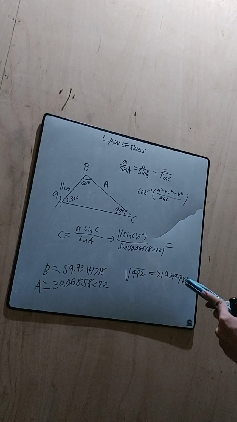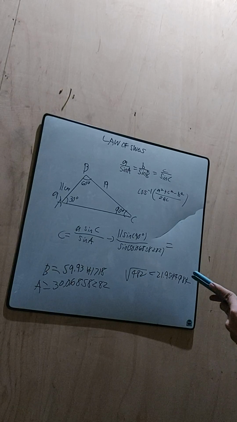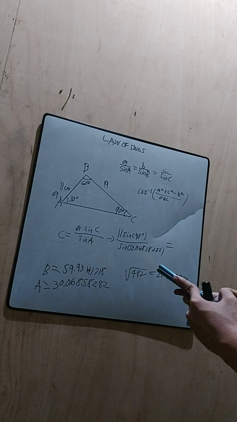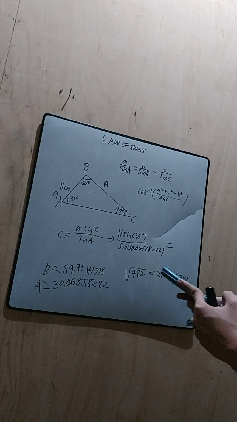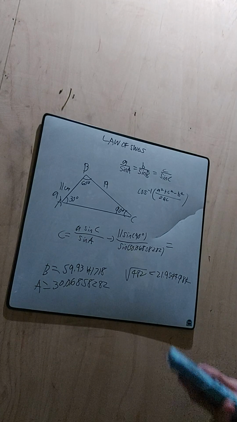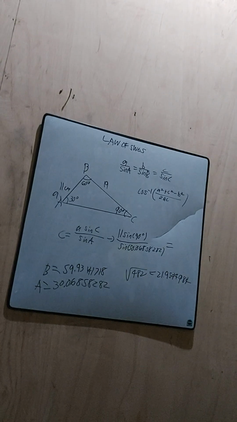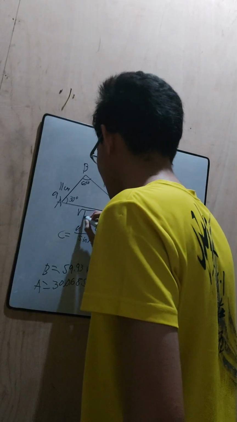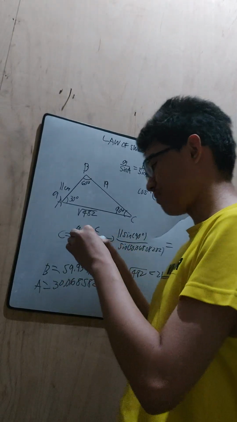So 11 sine 90 degrees over sine 30.06858282. Congratulations, we also got it back. The square root of 482 has returned. Very nice, isn't it? We got it all back.